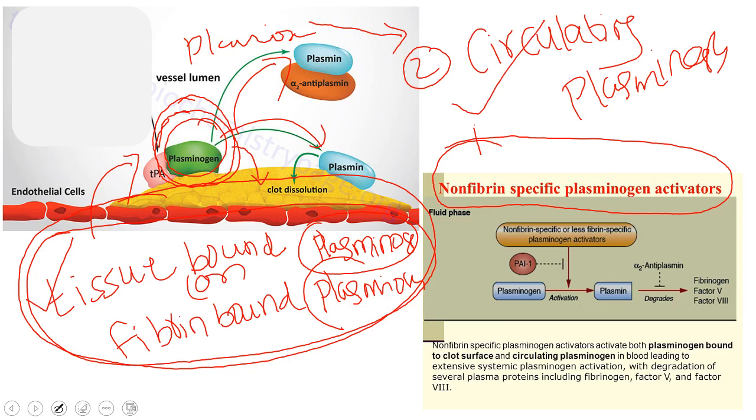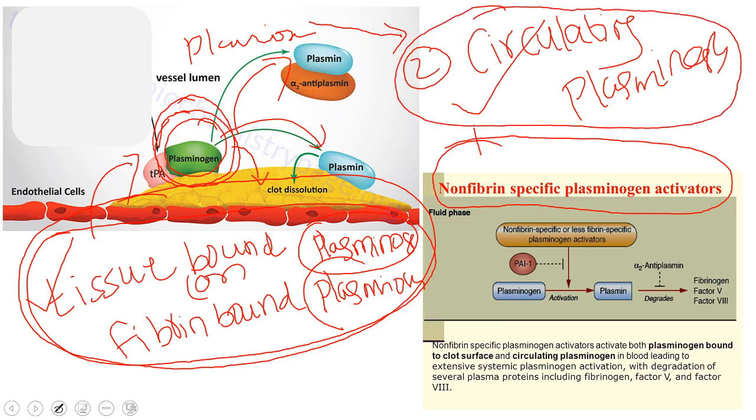circulating plasminogen. Because of this non-specificity, and because these drugs activate the circulating plasminogen, in other sites where the thrombi is not formed, there also you will have conversion of plasminogen to plasmin, and this plasmin degrades factor 1, 5 and 8.